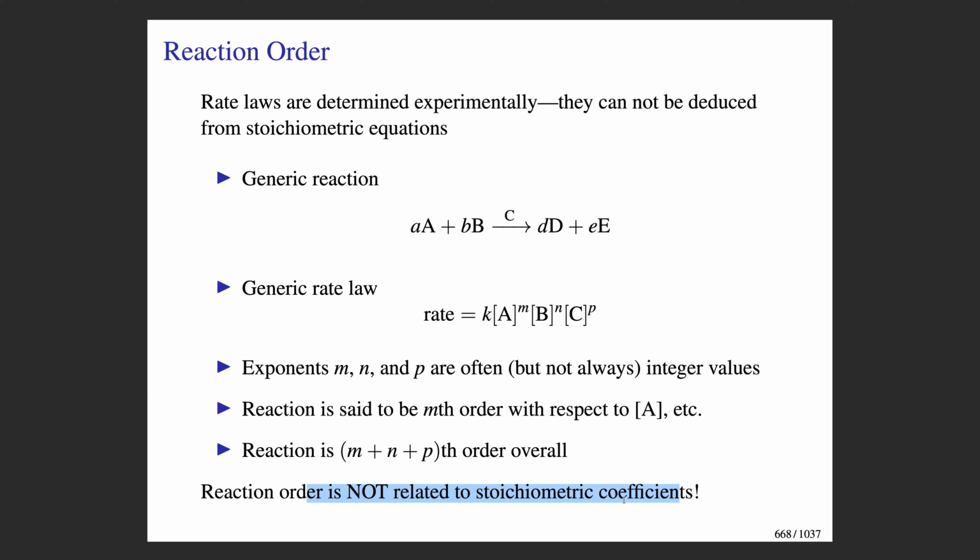Now, they might coincidentally match up with the stoichiometric coefficients, but it's just a coincidence. It's not the reason why. So the reaction order cannot be determined from the stoichiometric coefficients. They have to be determined experimentally. Okay, so you have to take experimental data to deduce what the reaction orders are. And I'll show you how to do that.